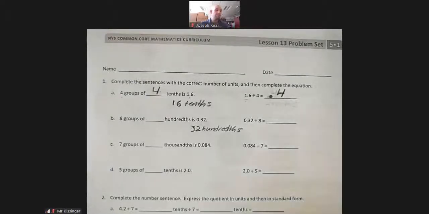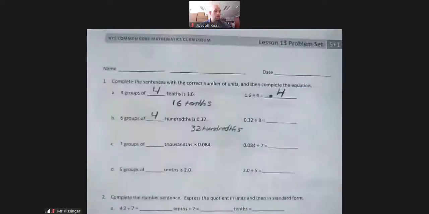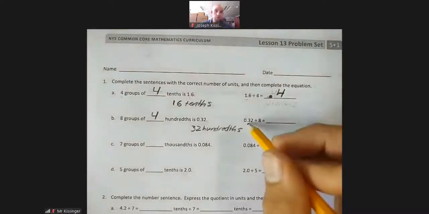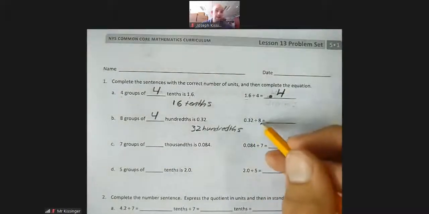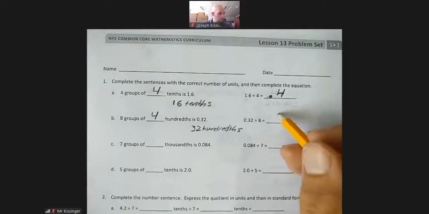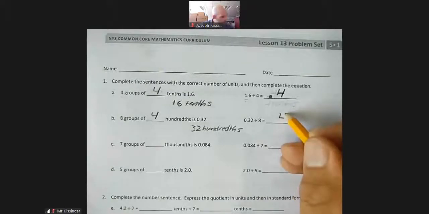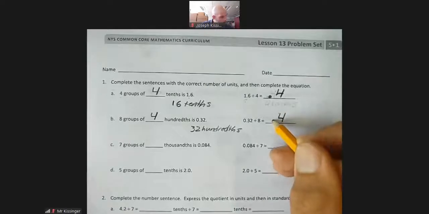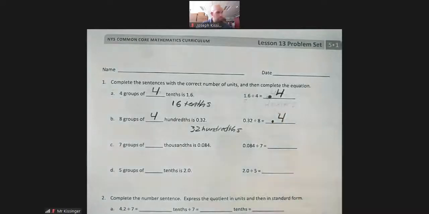So 8 times what equals 32? Well, 8 times 4 is 32. So 8 groups of 4 hundredths is 0.32 or 32 hundredths. 32 hundredths divided by 8 equals 4 hundredths. So we get the same answer for the first 2 here.